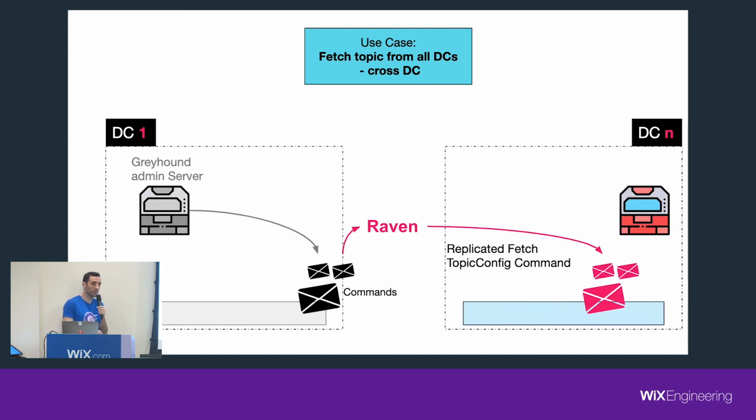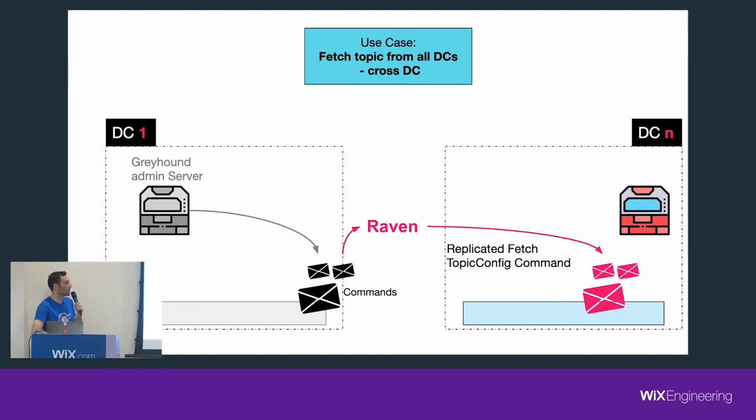And utilizing Raven, the replication tool, we can have this command also replicated to the other data centers. And then the instances in those data centers of a Greyhound admin server can also fetch the topic configuration. We have a ZooKeeper listener cache that gets continuously updated with the current topic configuration.